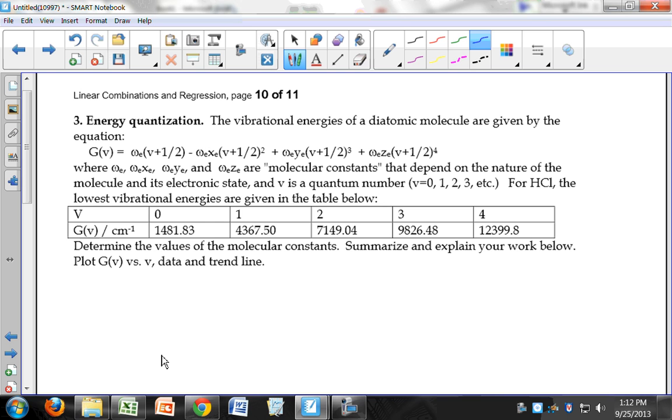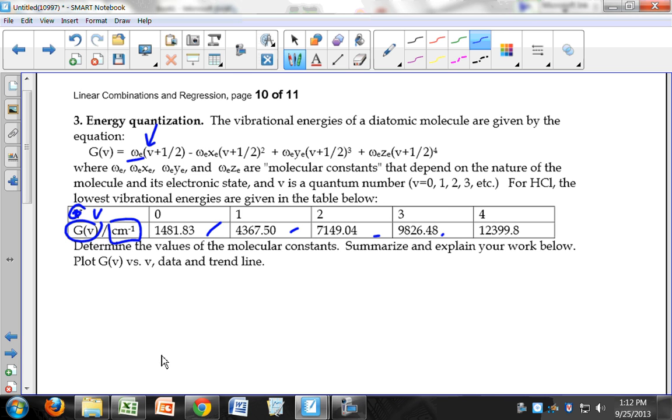And then the third question you want to work on is the fitting of the vibrational energy levels versus quantum number v. This should be lowercase v: 0, 1, 2, 3, 4. The vibrational energy is given in reciprocal centimeters. These are the numbers.